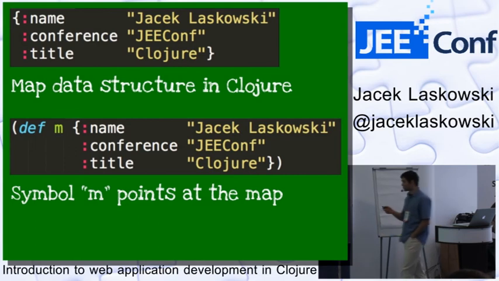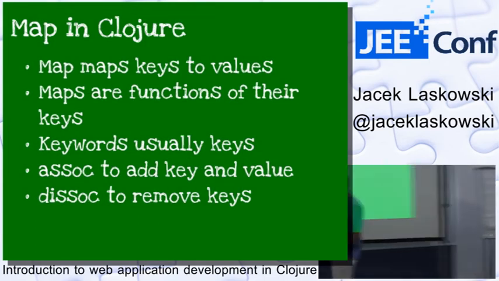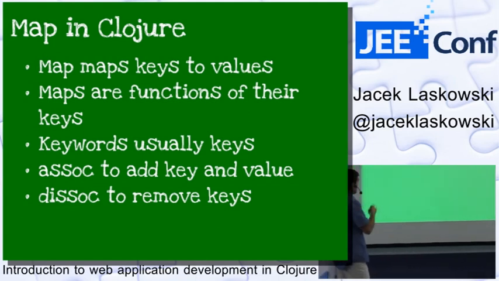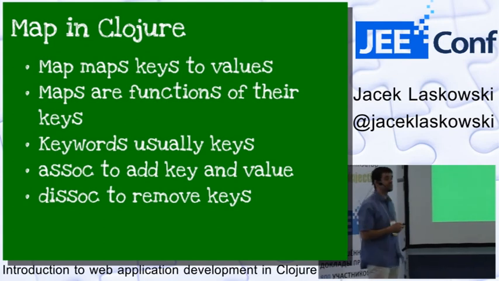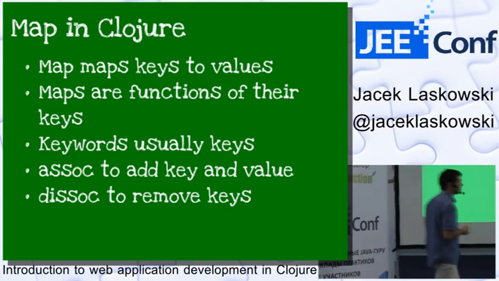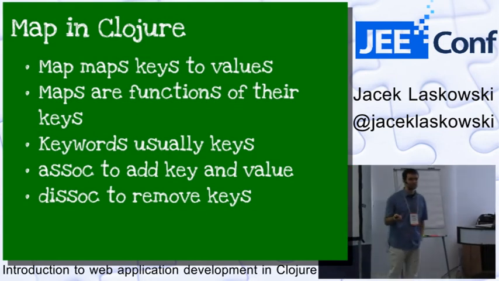So what's a map? A map maps keys to values. Maps are also functions of their keys. Meaning, whenever I use a map, it's just a function. Think of it: a map is a function.